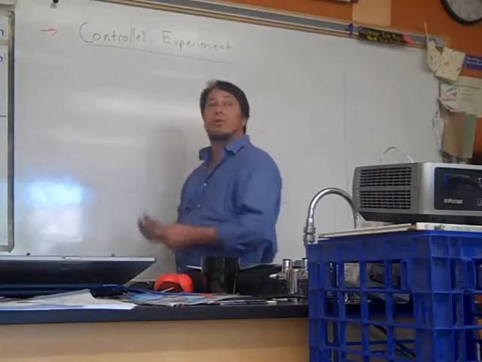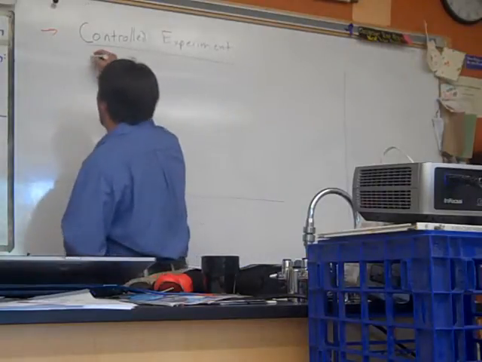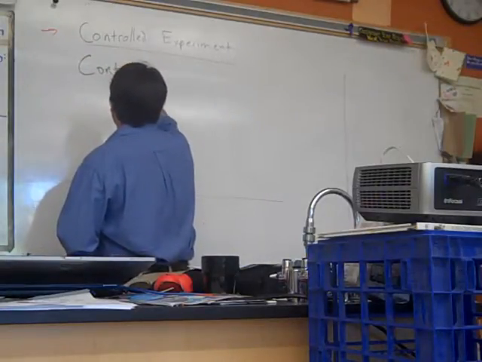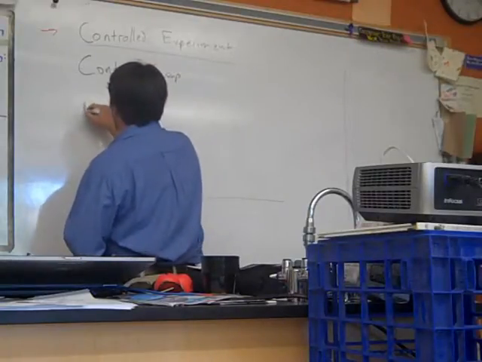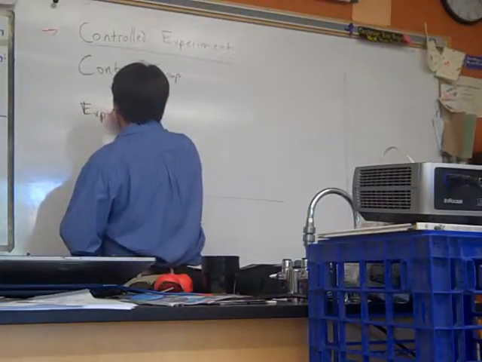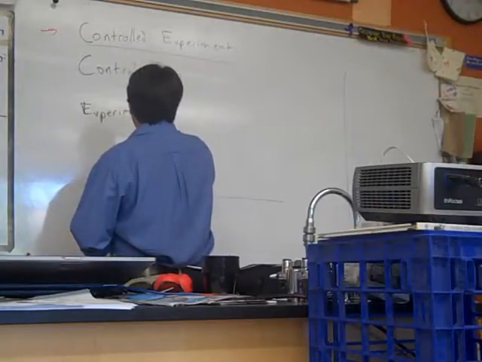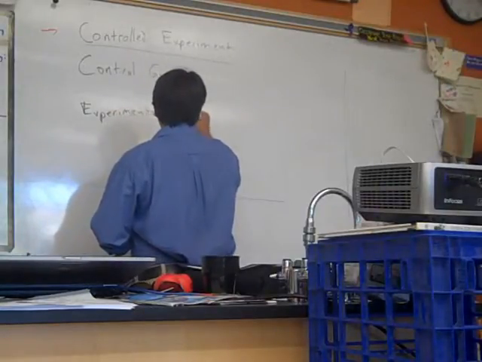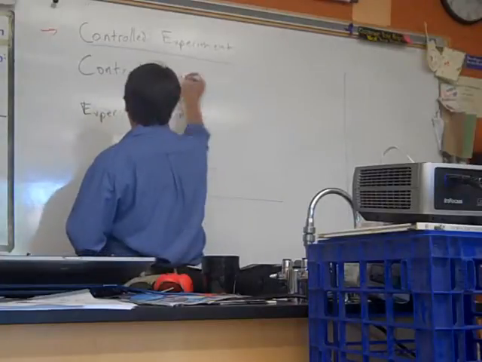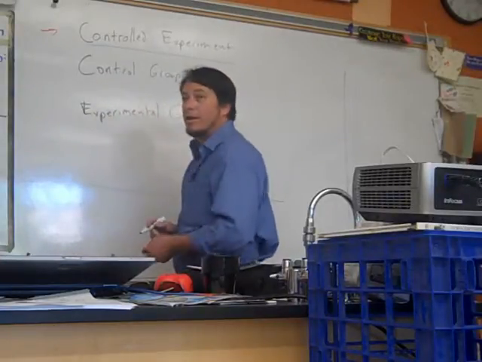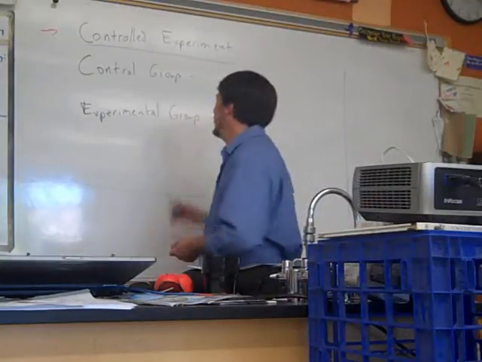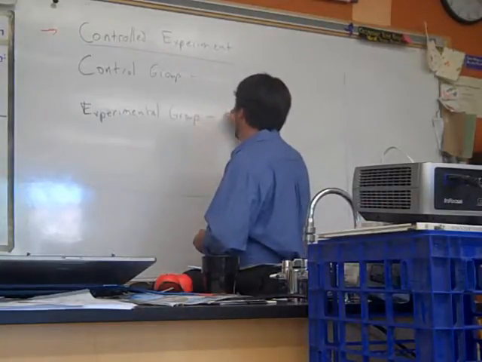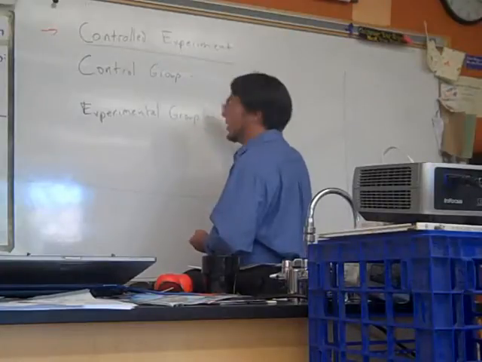That's why they call it a controlled experiment, because you want to have a control. You need a control group, and you need an experimental group. All right? And so the control group is the one where you don't change anything. The experimental group is the one that gets some sort of variable changed.